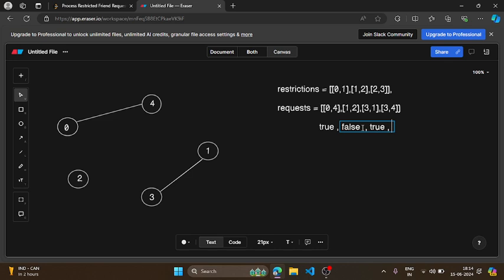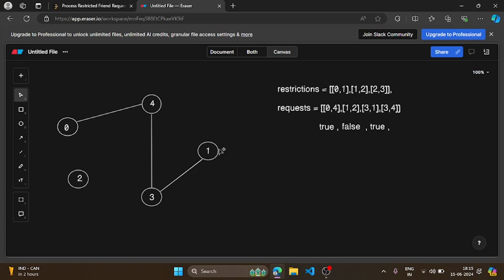Now let's move to the last request, which is 3 comma 4. Now let's observe what we are actually doing here, right? So once I make this particular connection 3 comma 4, okay, so this is the connection which I made. Now just see, for the first restriction, 0 should not be friend of 1. So here you can see now after making this connection, 0 and 1 are friends of each other, or you can say they are indirect friends of each other, right?